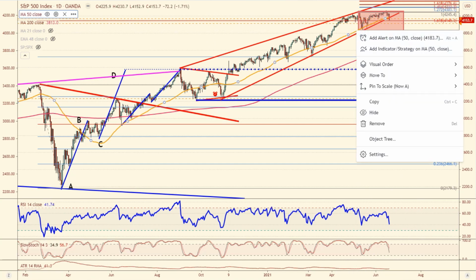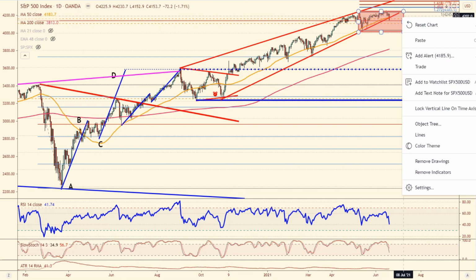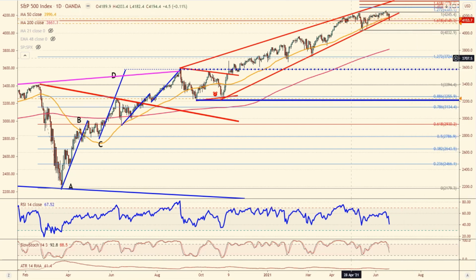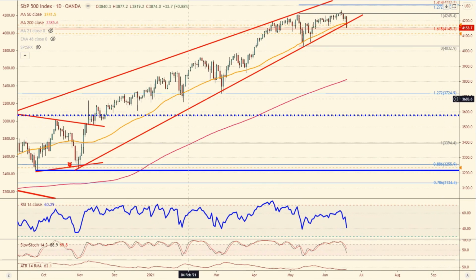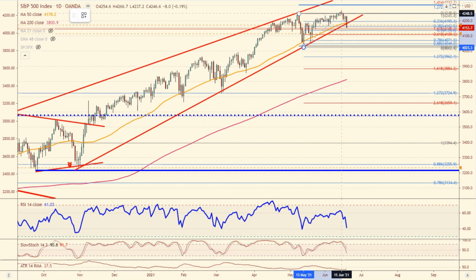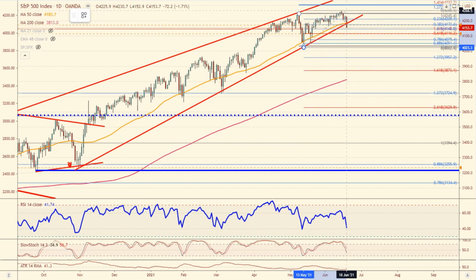Let's remove this little box that I had put in there, and let me draw something for you. Let's take the low from May to the high, and that, by the way, was a false breakout.